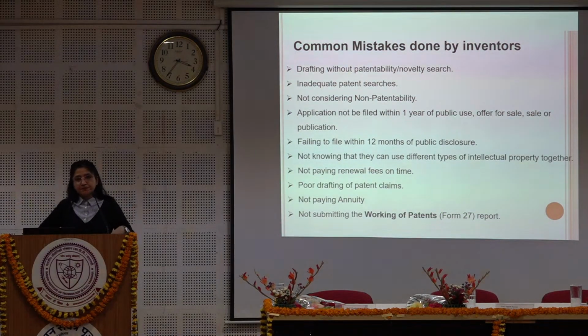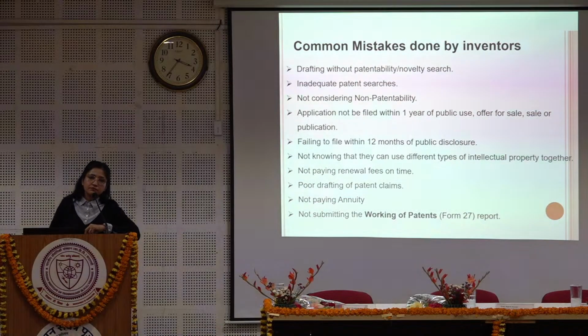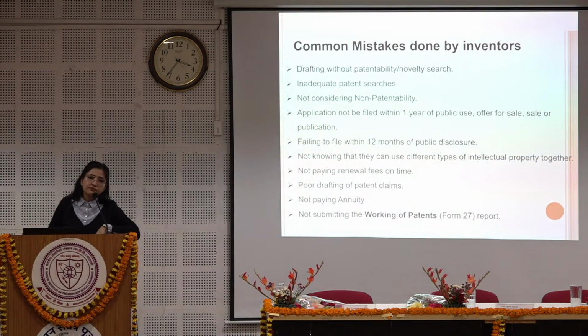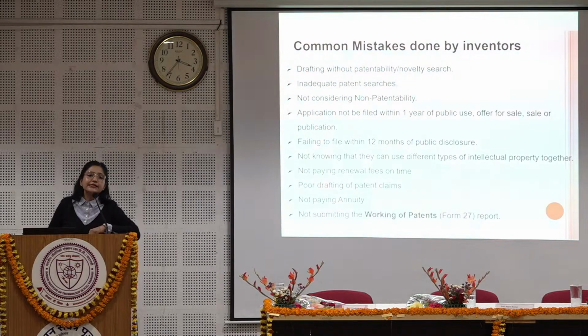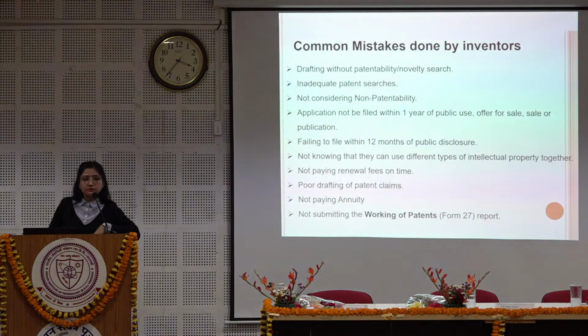Or the other way, let's say you are submitting the document in the IPR office, the application number should come within 12 months. It should not cross. Yes, the application number should come even on the day of 12 months.